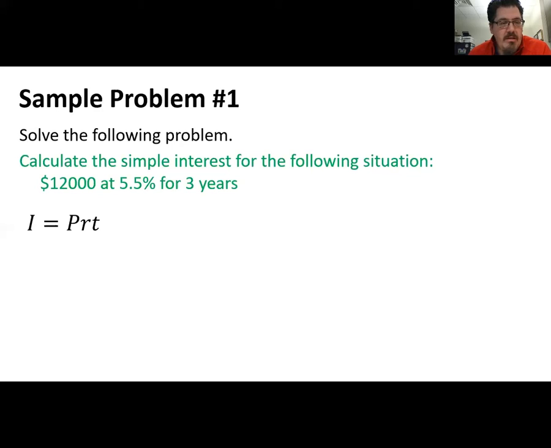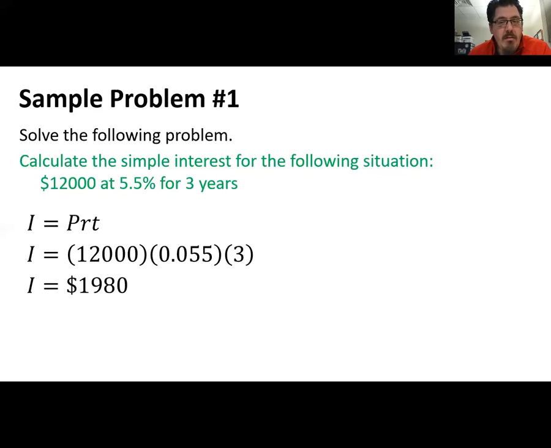Now, in this situation, everything's pretty straightforward. They tell us everything we need to know to calculate the simple interest. So basically we're going to take 12,000 times 0.055. Again, make sure you move that decimal point exactly 2 spaces when you convert from the percent into the decimal, and then multiply that answer times 3 since it's 3 years.